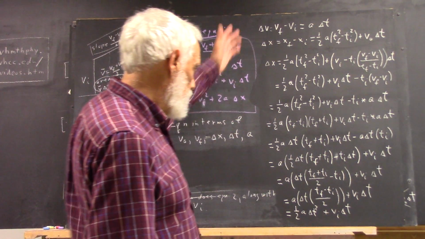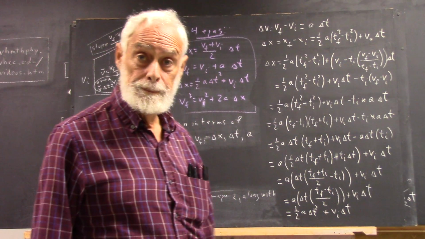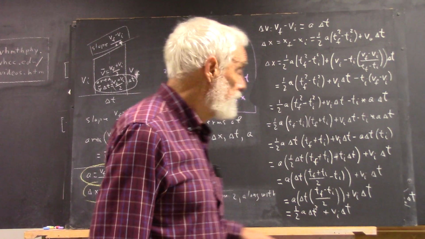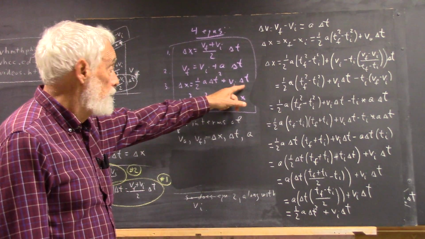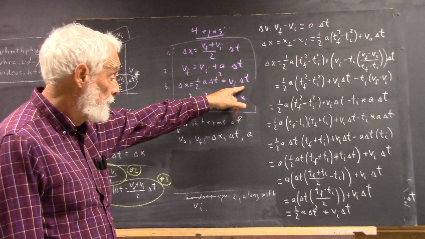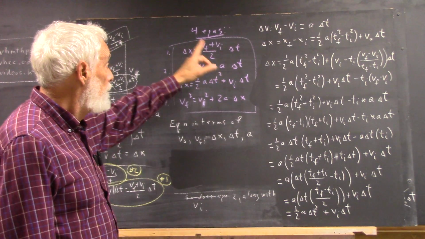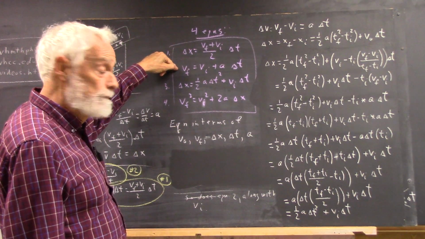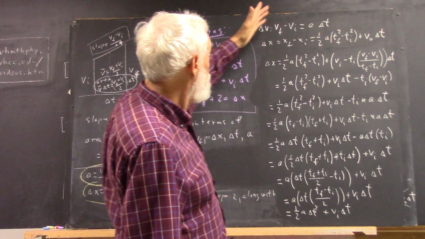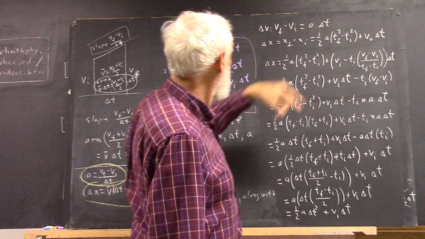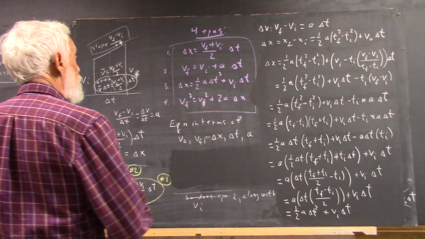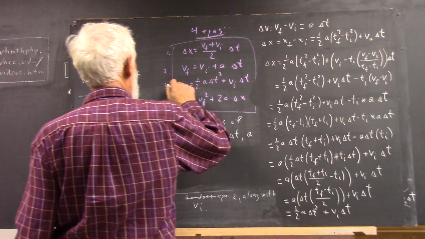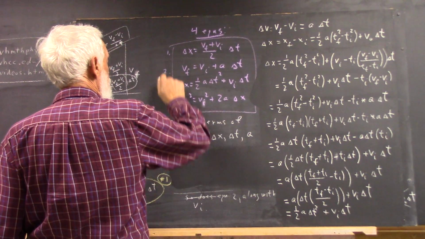Now that's mostly just an exercise in algebra, but it's a complete justification for this formula, okay? And this formula is just a rearrangement of this. So we've got this, a little check mark there, and we've got this.